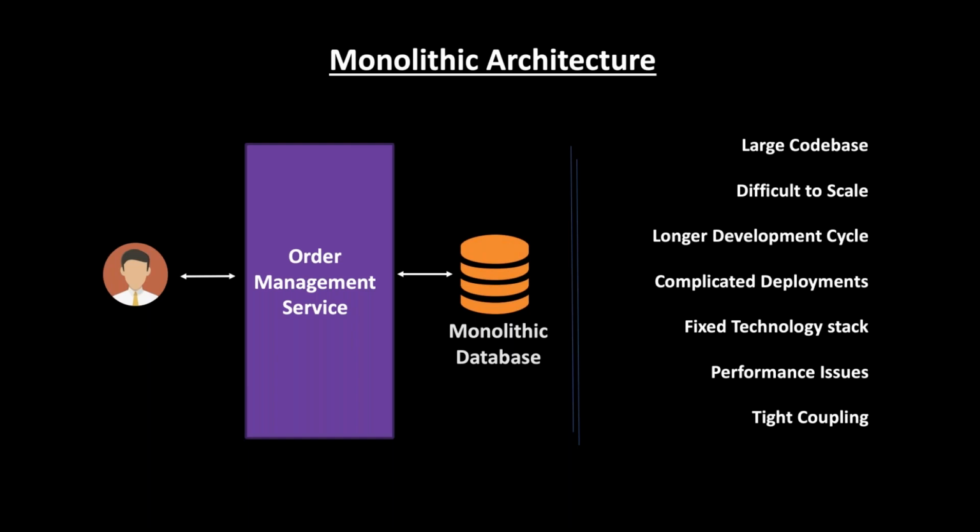And one more issue is the performance. The larger the code base, the larger the database, you might be bumping into a lot of performance issues because your database might grow in size. So how do you keep up with the performance? So these are a few of the issues with monolithic applications. And this can be one of the reasons why you want to break down such architectures into smaller components, right?